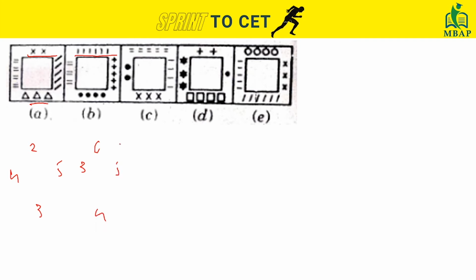So in this option it went from 3 to 6 in the anti-clockwise direction, increasing by 1. In this it is 2, 3, 4, and 5, again anti-clockwise, increasing by 1. It is the same over here also, 1, 2, 3, and 4. It is not happening here, so option A will be my answer. Let's check whether it is happening here as well: 3, 4, 5, and 6. Yes, so option A will be the odd man out over here.